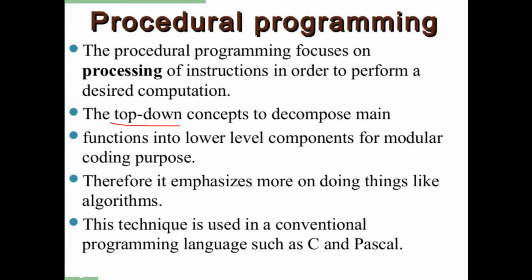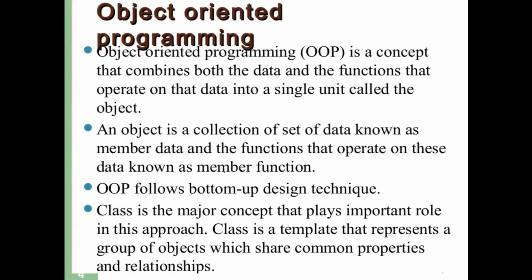That means we'll write the main function first, and then we start with input, process and output, breaking functions into lower level components for modular coding purposes. Therefore, it emphasizes more on doing things, like algorithms. So it works according to the algorithm, that means the procedure. This technique is used in conventional programming languages like C or Pascal. So basically procedural-oriented programming is based on C, and object-oriented programming is based on C++.